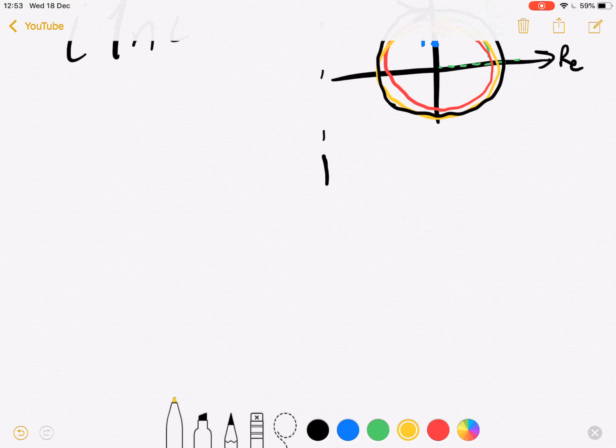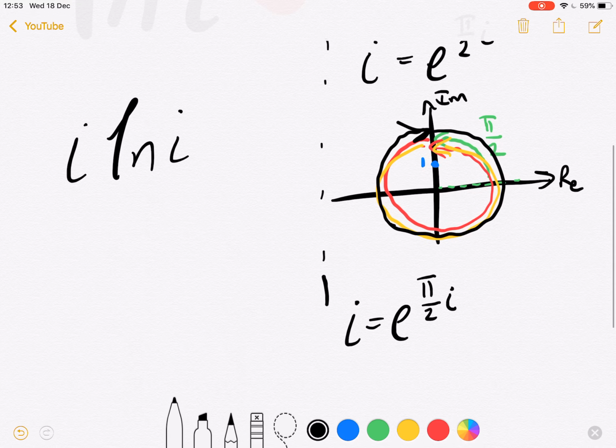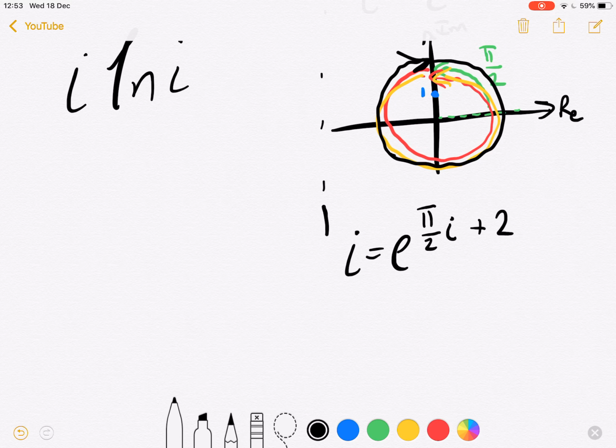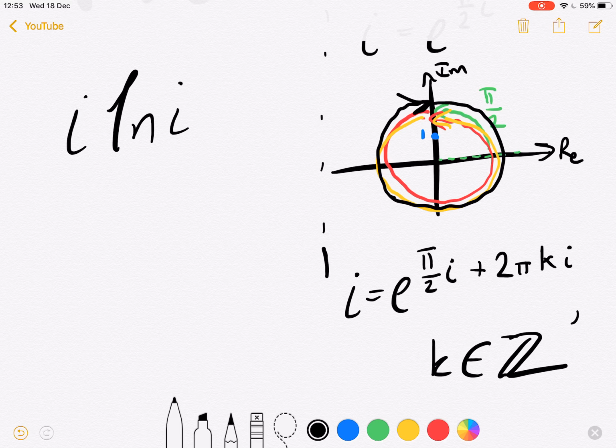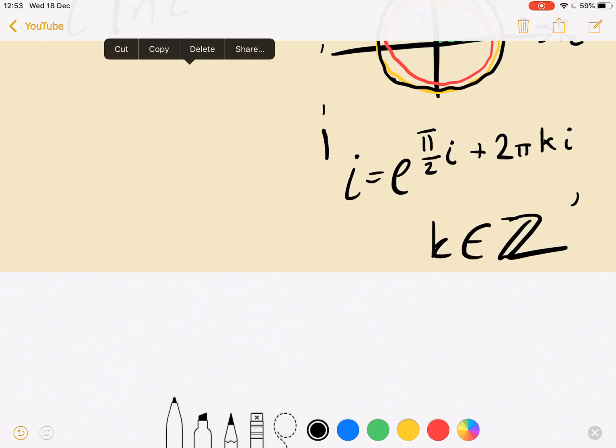So we can represent i as e to the pi over 2 i plus 2 pi, the circle, k i, where k is in the set of integers. Now integers are both positive and negative whole numbers, so that accounts for the clockwise and anti-clockwise direction of the 2 pi movement.